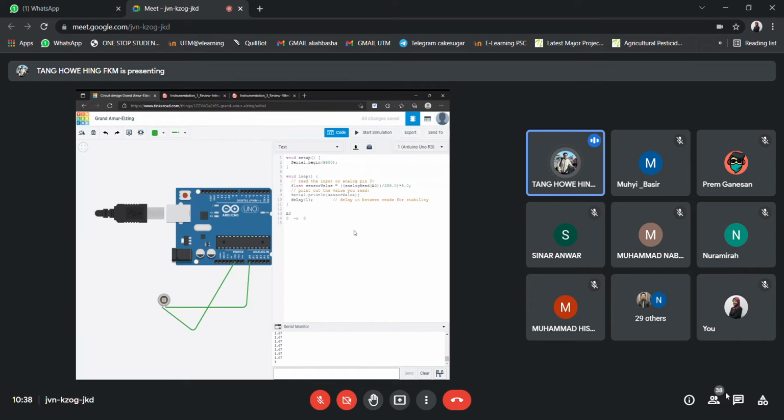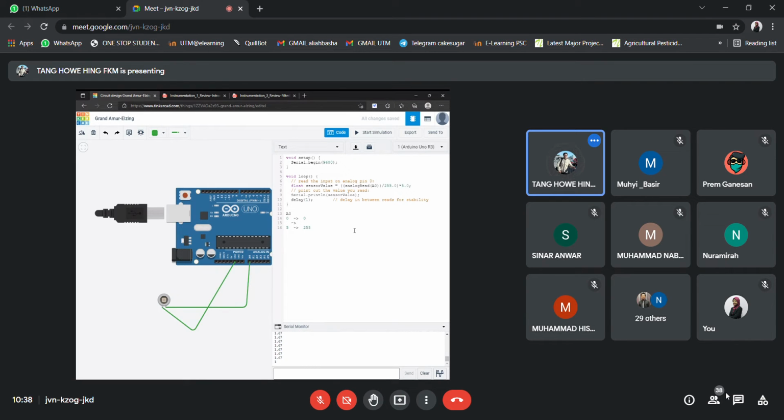But when A0 receives a voltage input of 5 volt, I'm going to receive a maximum value of 255.